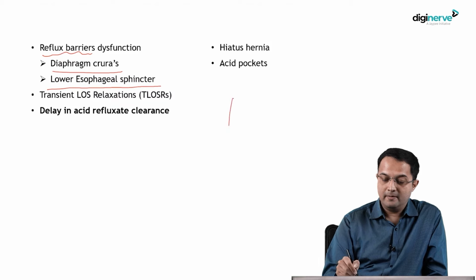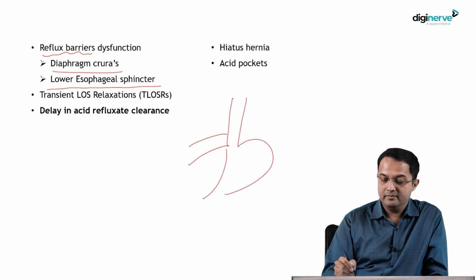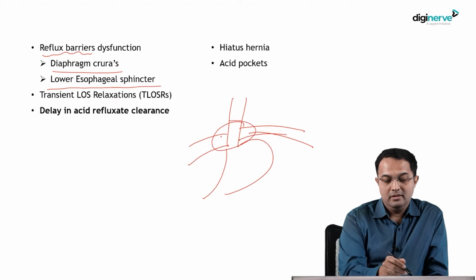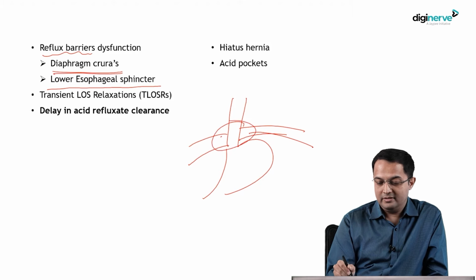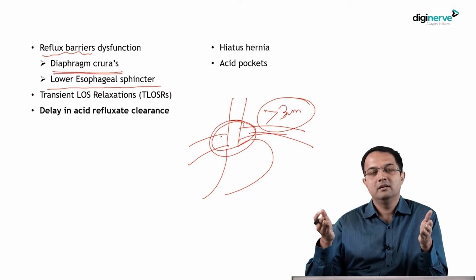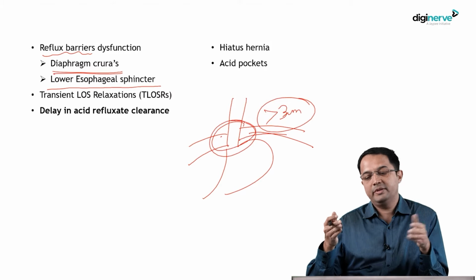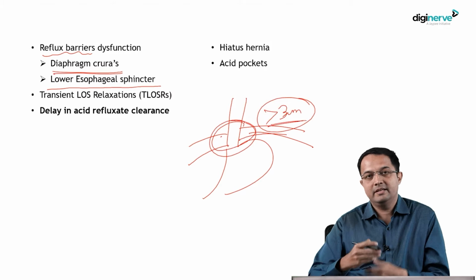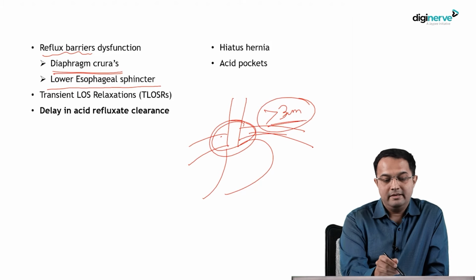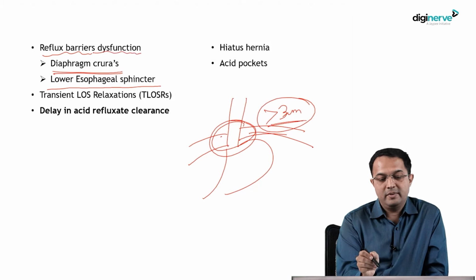We know that the esophagus enters through the diaphragm, and there is the diaphragmatic crura here. This is called the hiatus. If the hiatus is more than 3 centimeter, the crura are separate, a little bit away from each other, then it will cause reflux barrier dysfunction.